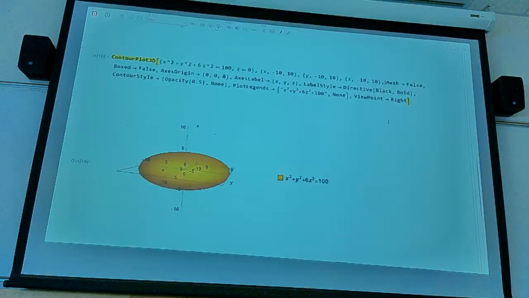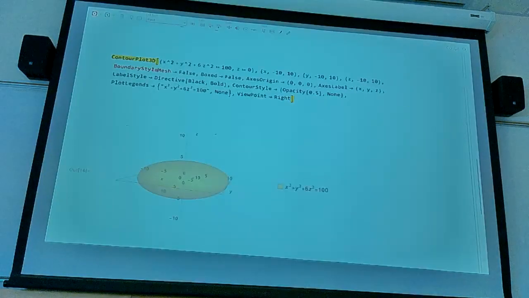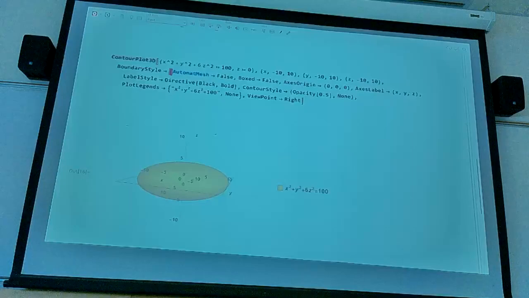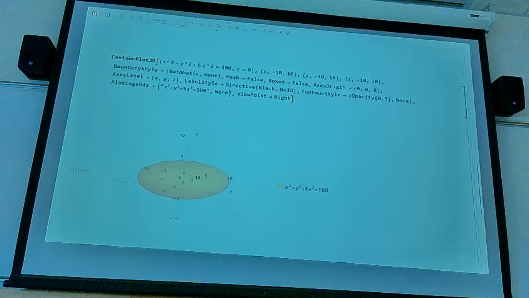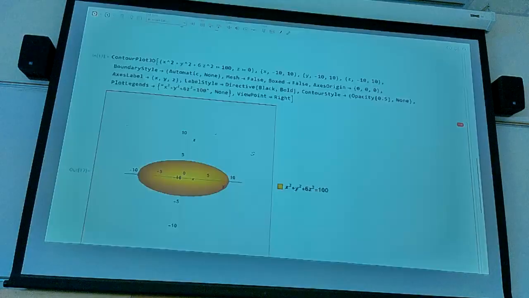Let's put it in here. Boundary style. Automatic. None. Uh-oh. Yes, it is.